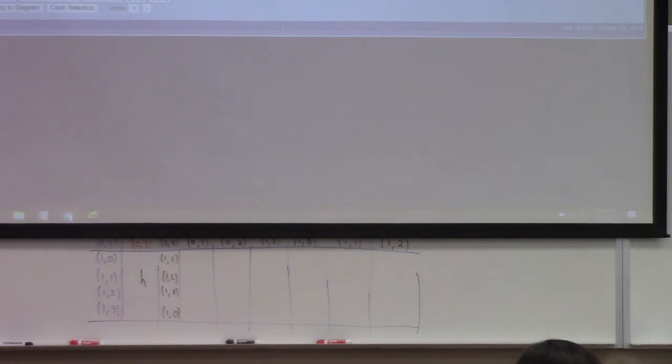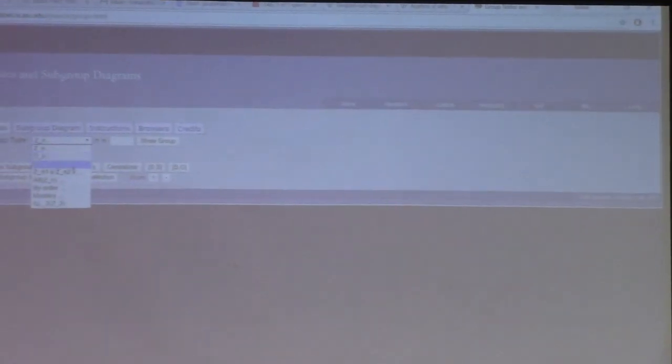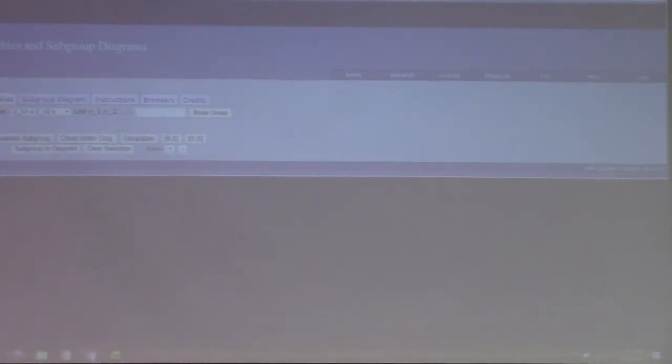So, check this out. Let's say we want to look at what we just did, 2 comma 4. Cool, huh? We just print that out. I'd like for you to think through it.